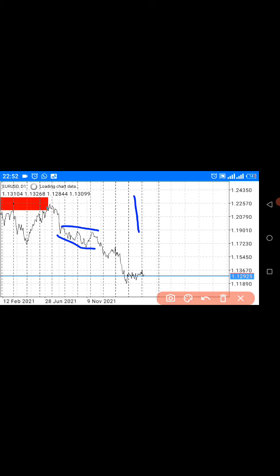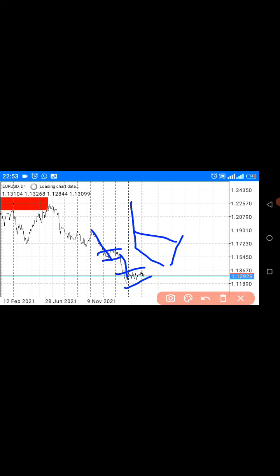This is what we see. After that we have a breakout, and again we have another tight flag here. We have a break, so we are having another flag here.